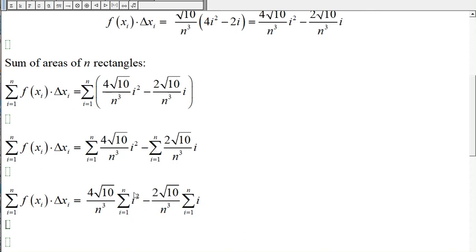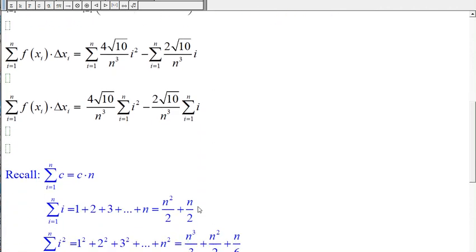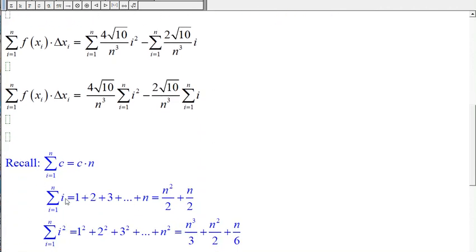And now we need a formula for the summation of i squared and the summation of i. Summation of i is n squared over 2 plus n over 2.